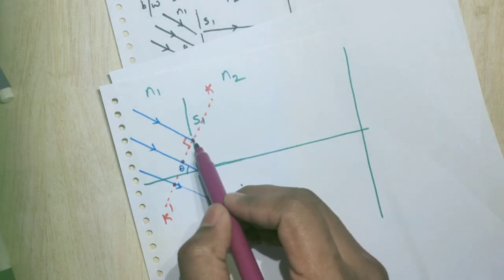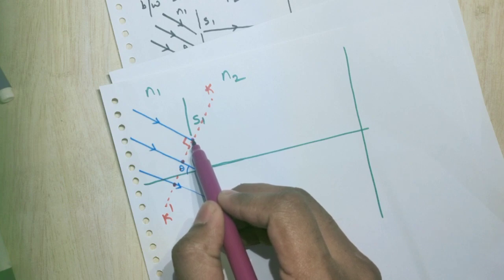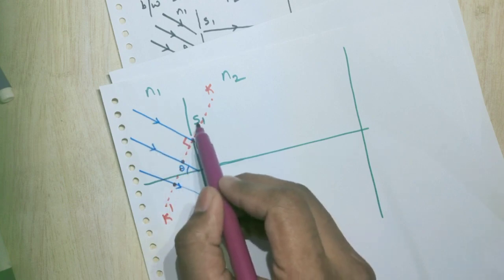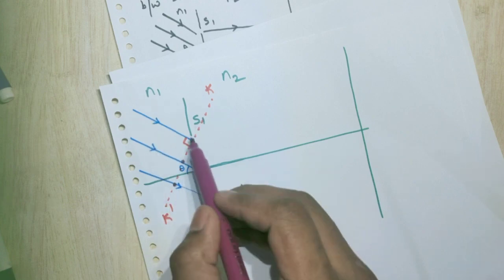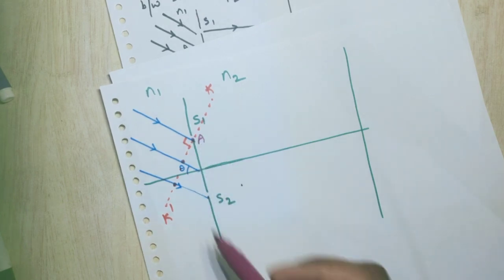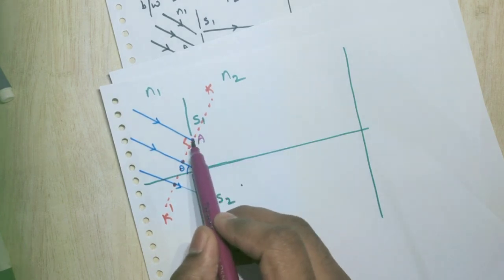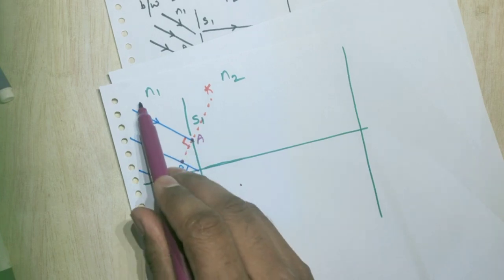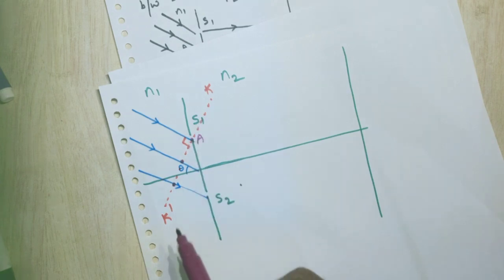Now let us say this is the light that is incident on slit S1. Let me say this particular point is A, the location where the light ray is entering from medium n1 into the slit S1.